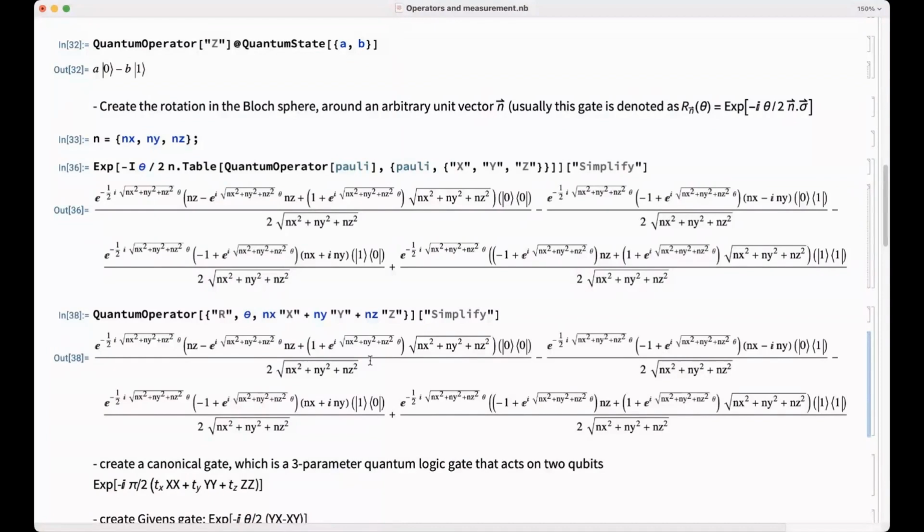Which way is easier? Again, it depends. When it comes to circuit design, of course, the last option on line 38 is a much easier way of constructing that. You see, the first argument specifies the rotation, then the angle.